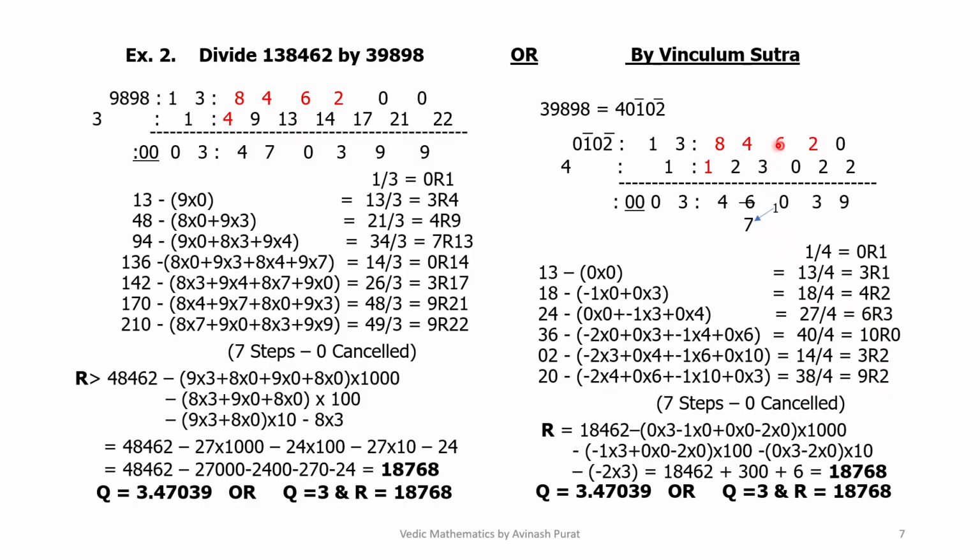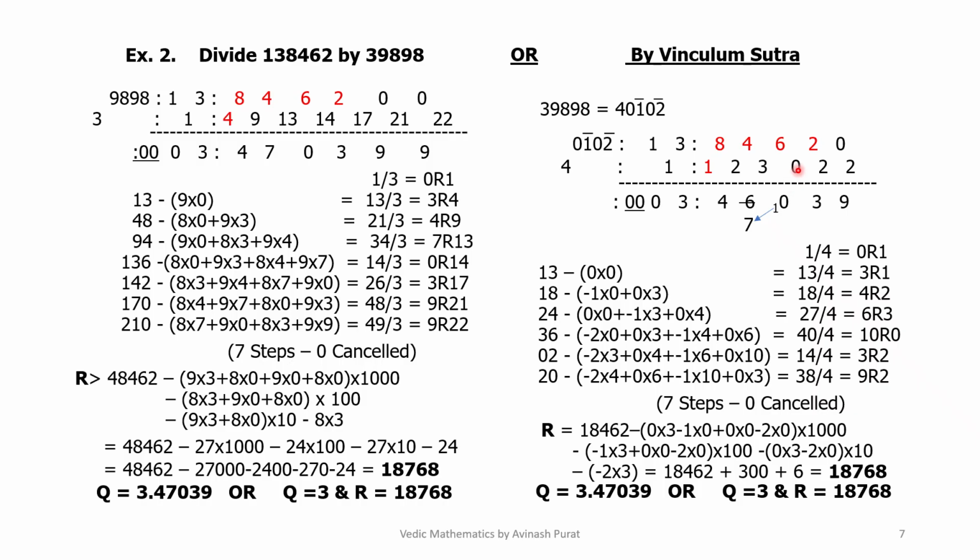So next dividend is 36 minus 2 into 0 plus 0 into 3, again plus minus 1 into 4, 0 into 6. So that gives us 40 divided by 4, that is 10 is quotient and remainder is 0.